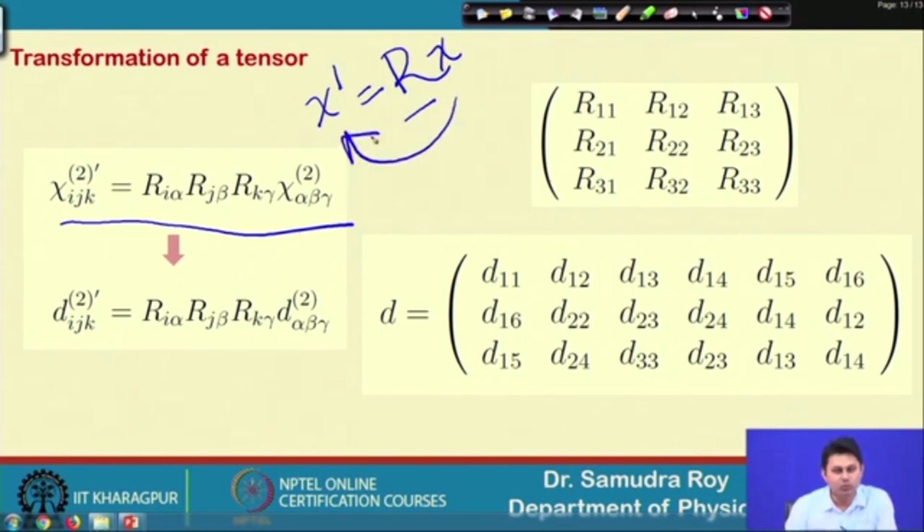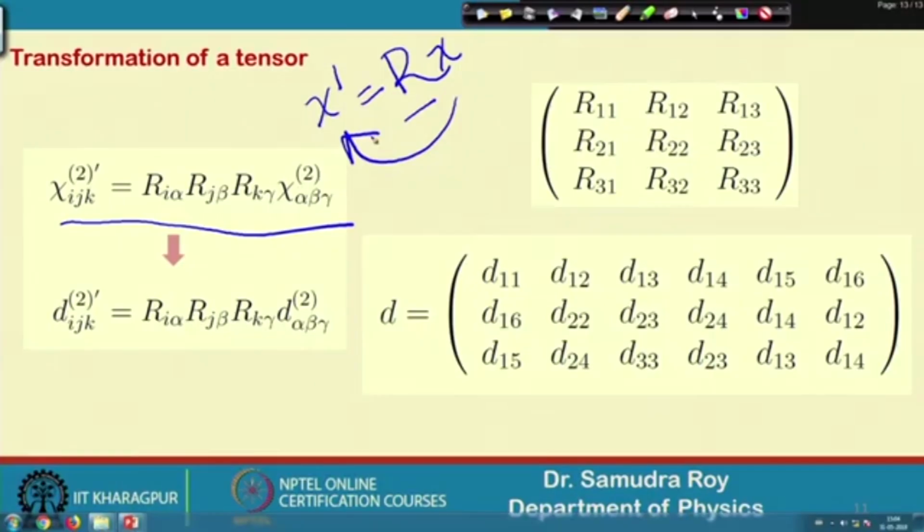So, this is the rule that I am applying: some kind of operation on a vector, and I get different vector components. In a similar way, if I apply the same operation over a tensor, then the tensor will change in the prime frame, and this is the rule that we have.